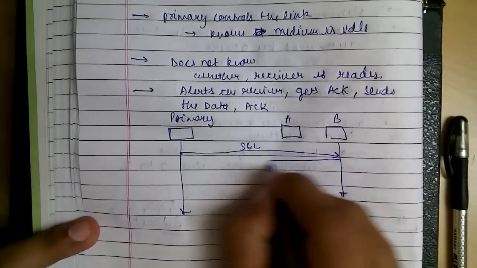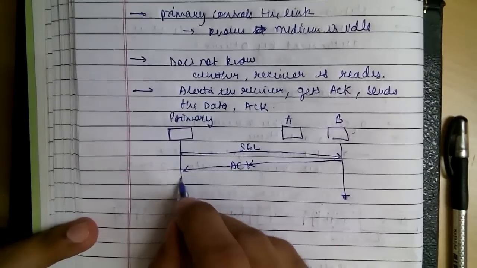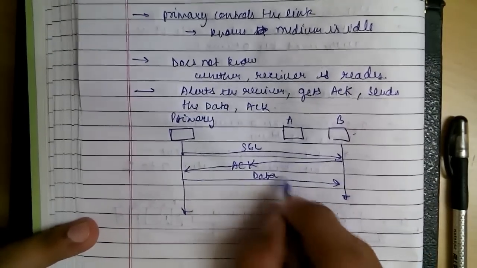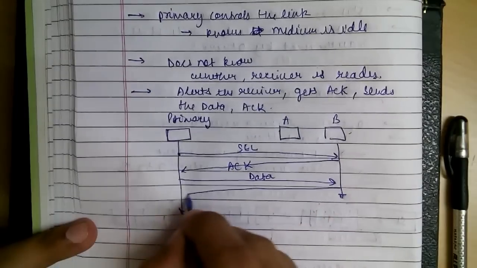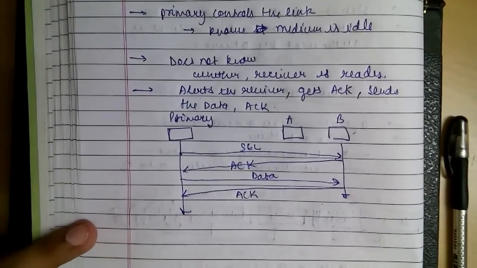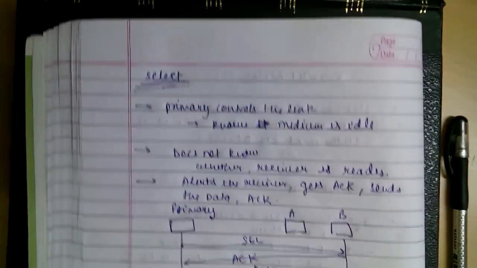If B is ready, it sends back acknowledgement, then the primary sends data and then receives back acknowledgement again. So yeah, this simple procedure is what happens in the select method.